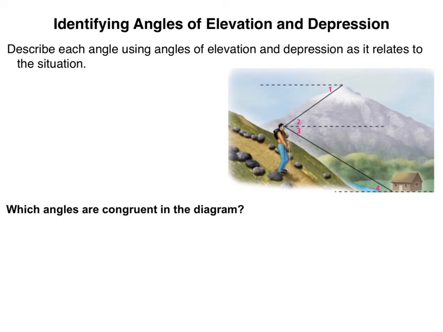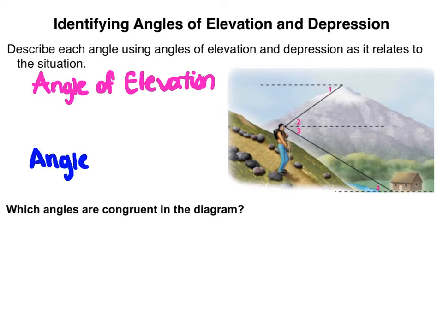Now the following diagram asks us to classify each of the angles in this situation, as an angle of elevation or an angle of depression. Looking at the diagram, for angle 1, we start at the horizontal line and look down, so angle 1 is an angle of depression.